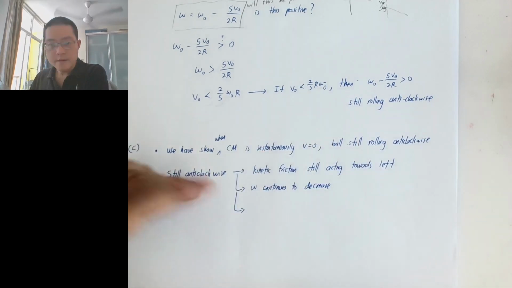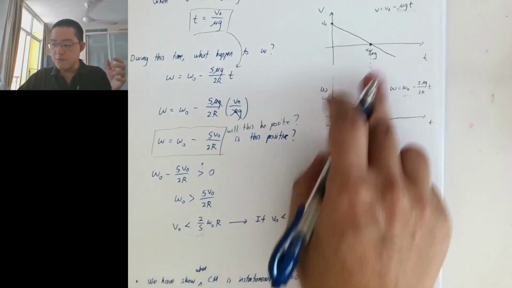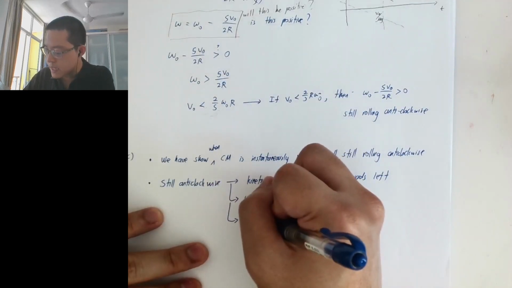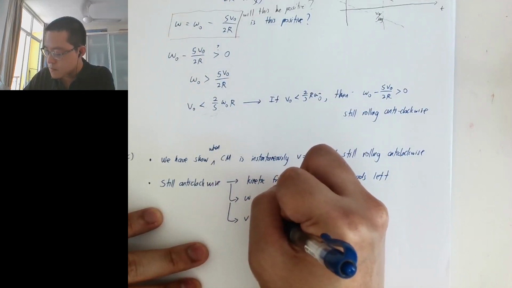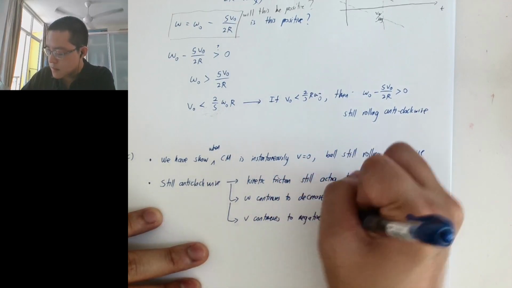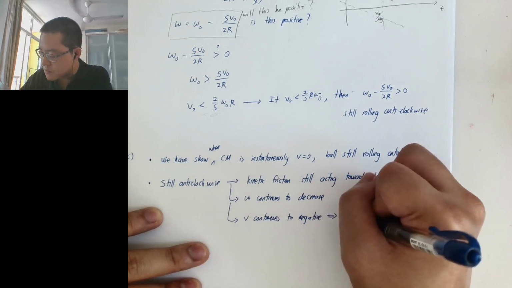And then the V will become negative. So V continues to become negative, in other words, increasing speed towards the left.